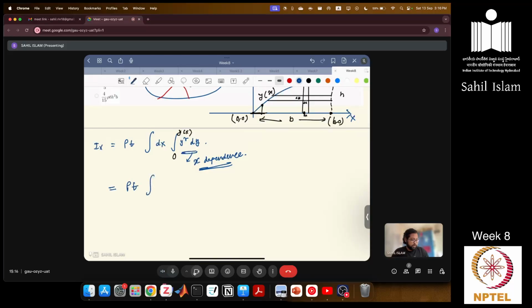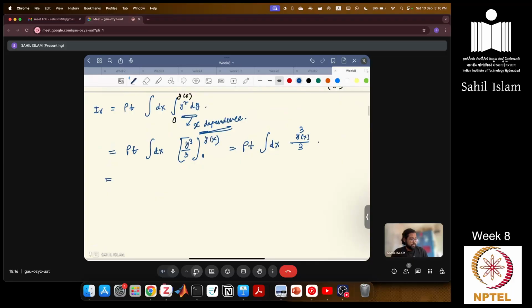Okay, so let's calculate this integral. Rho t integral dx, this is y cube by 3, which equals rho t integral dx, y at x, cube by 3. So y as a function of x, so rho t by 3 integral y cube dx.